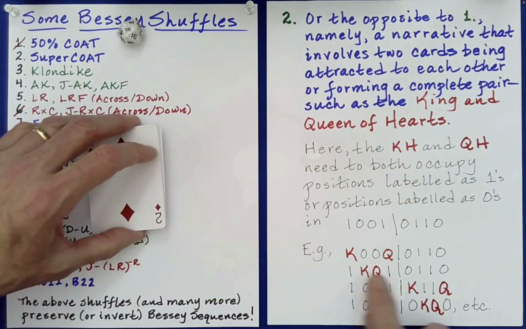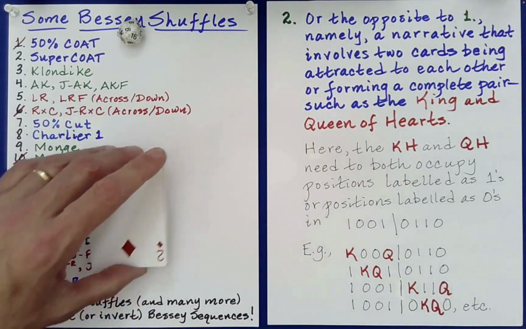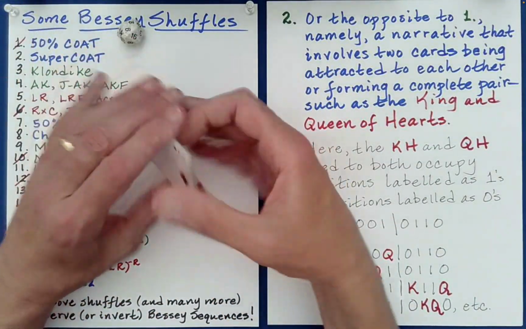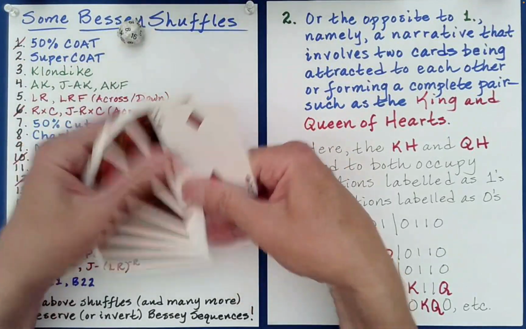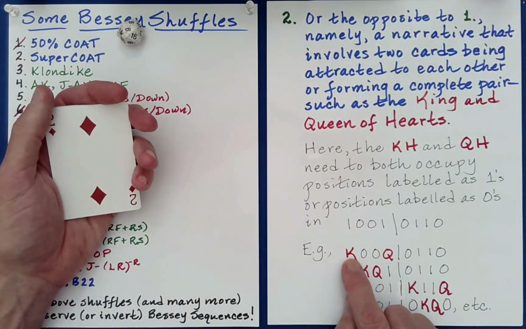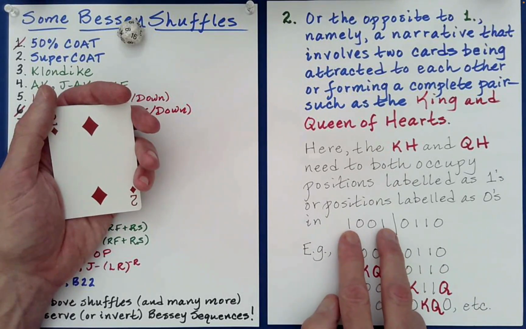Now there are other ways to place them where you don't have one of the important cards on top or bottom for that matter, but this would be perfectly fine to start this way, because the key is the performer's card being in position 1 and the spectator's card being in position 4. Both of these are in locations occupied by 1s.